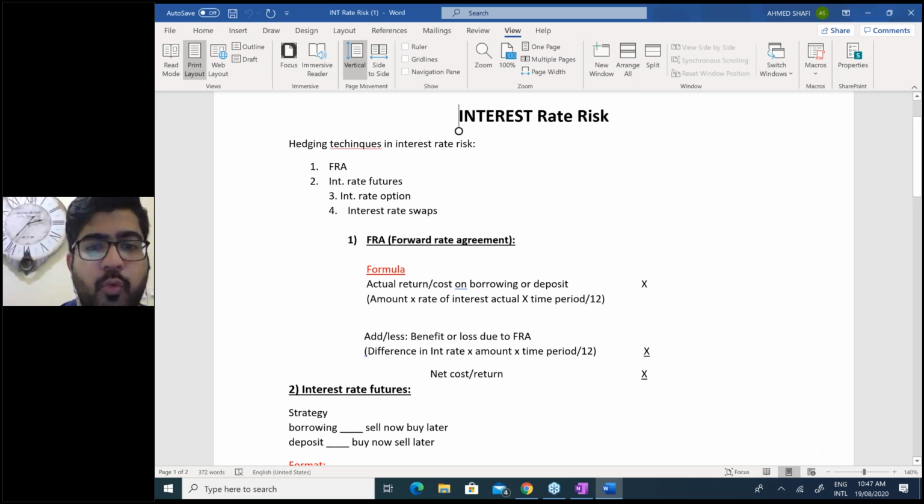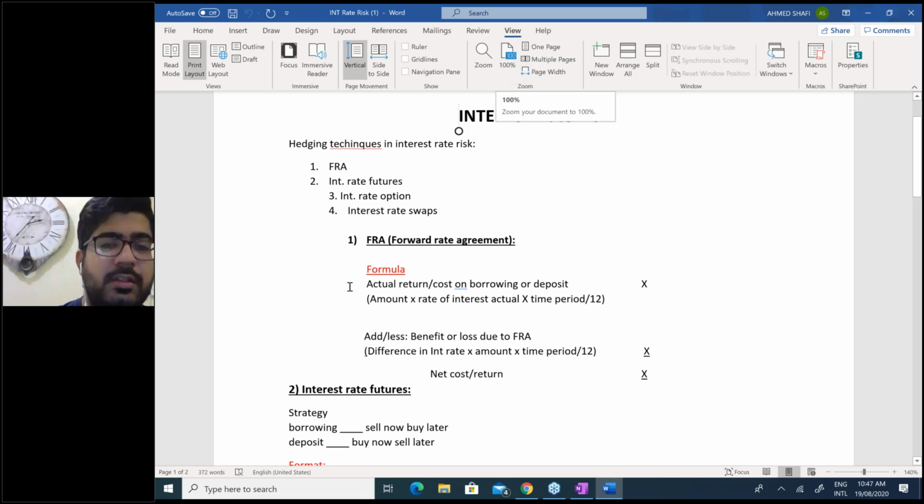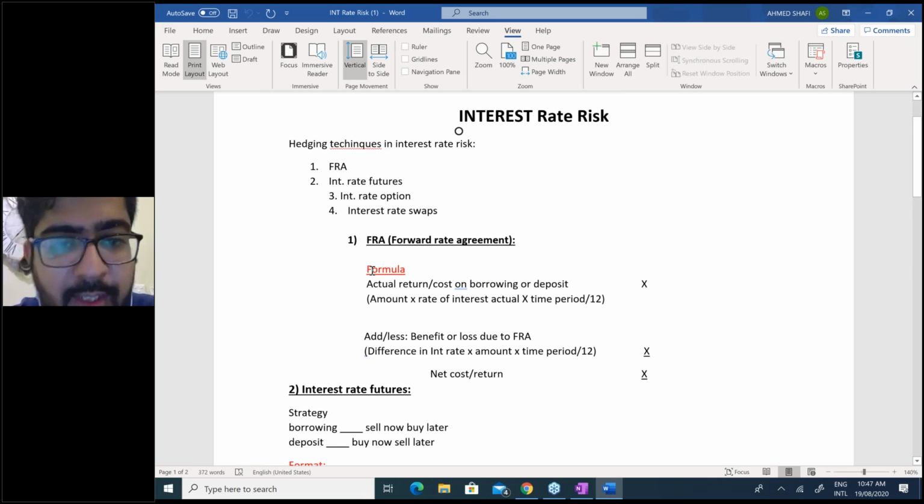Okay. Now, what is the working format of FRA? For FRA, you need to take the following formula: actual return or cost on borrowing or deposit.